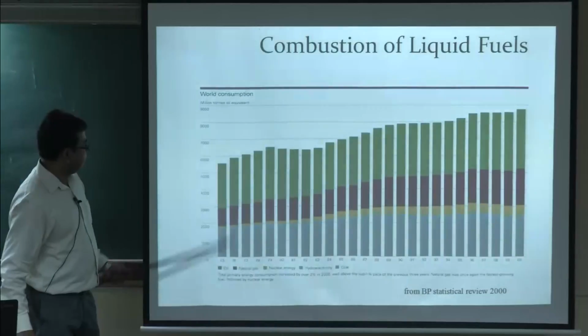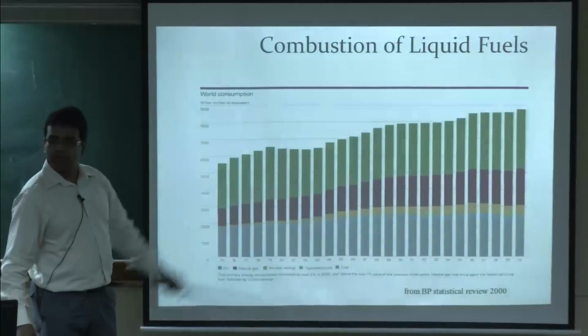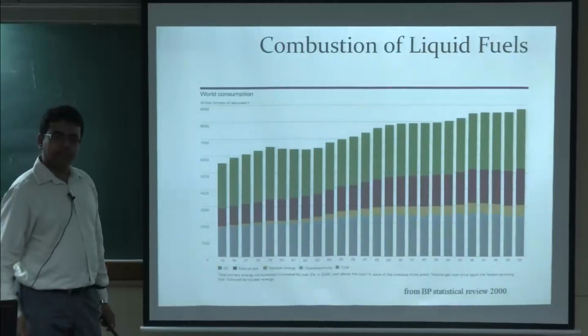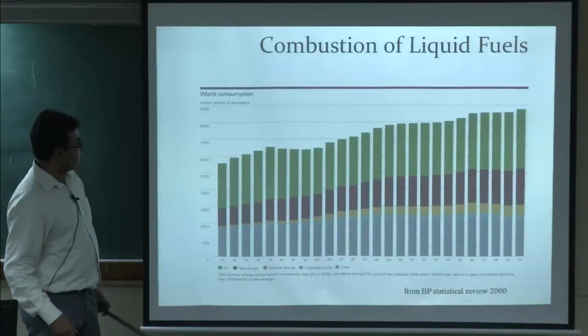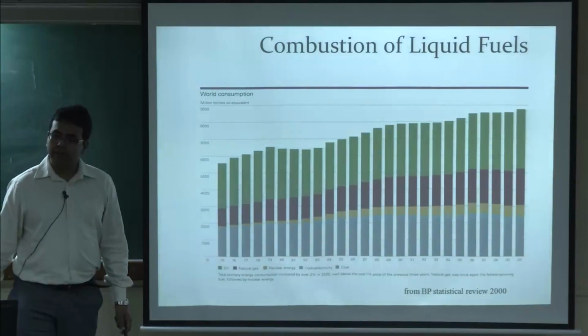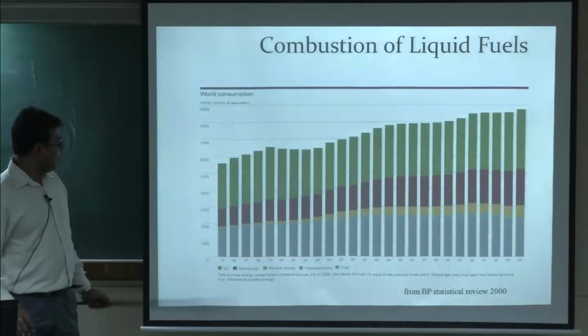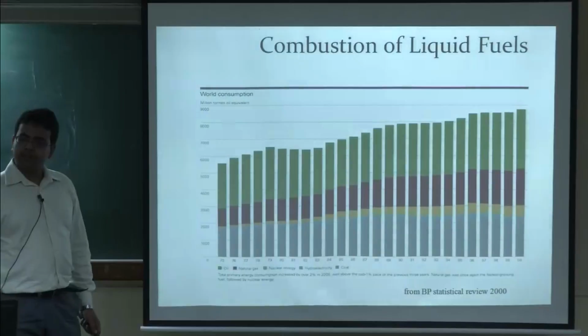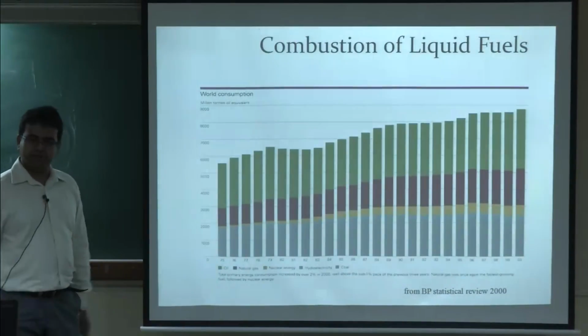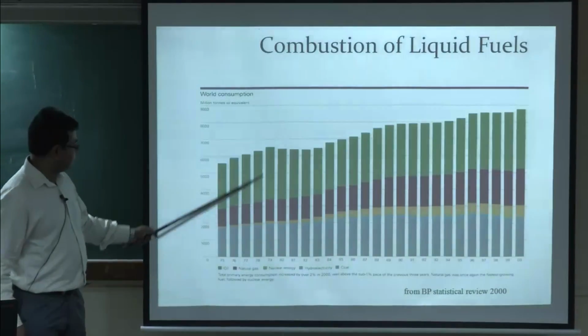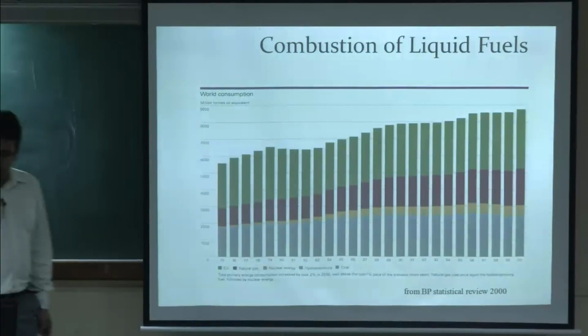What you see is that we have a tremendous use of oil in our energy production systems, and that is more or less 50% of the total energy that is being produced by combustion, or more than that. So, knowing only gas phase combustion is only half of the knowledge about combustion. We need to study what is going on in the liquid fuels.